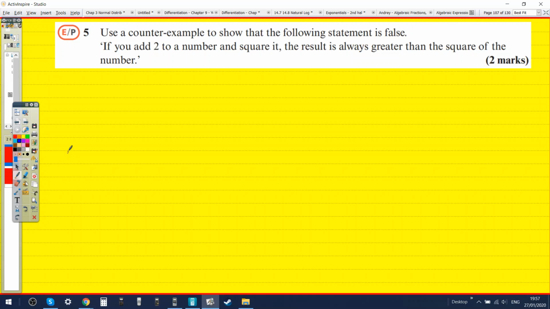Nope. Just find any number that will violate. So if I just say 7. So 7 plus 2, which is equal to 9, and then 9 squared equals 81.